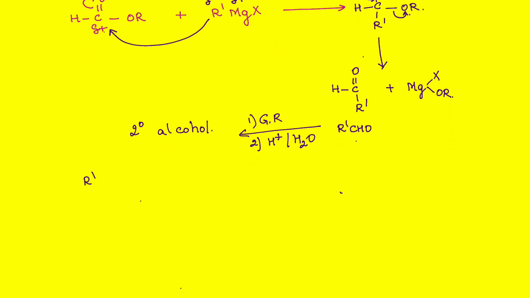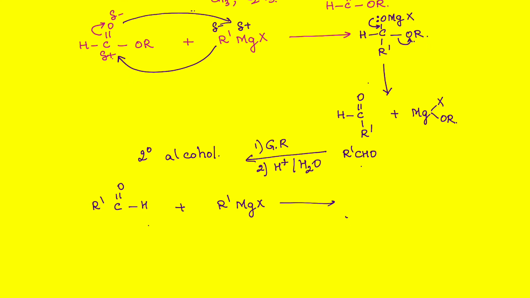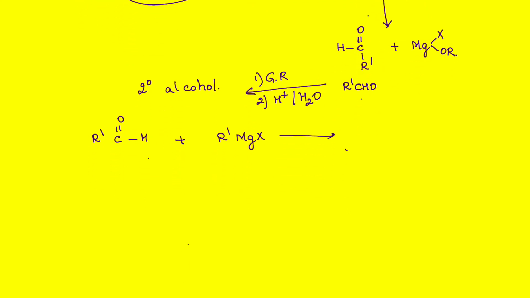Try it. R dash CH double bond O, and let's say you are reacting it with another molecule of R dash MgX. What will you form? Alternately, you can also challenge yourself with a reaction.